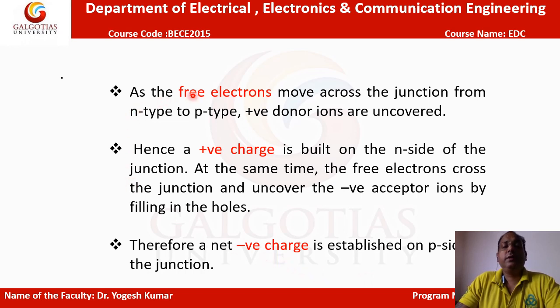In this fashion, when the charge moves from P to N and N to P, recombination takes place, and after some time a layer of immobile ions is formed nearby the junction. It has negative ions at the P side and positive ions at the N side. This is called the depletion region or depletion layer, as I already told you.